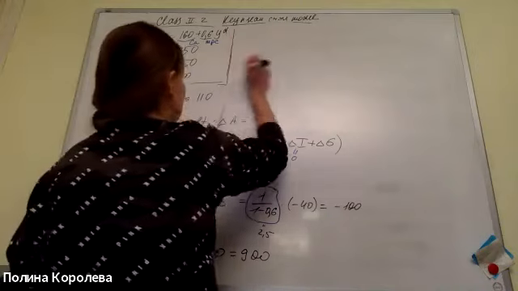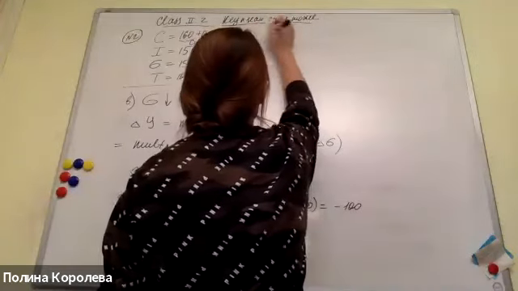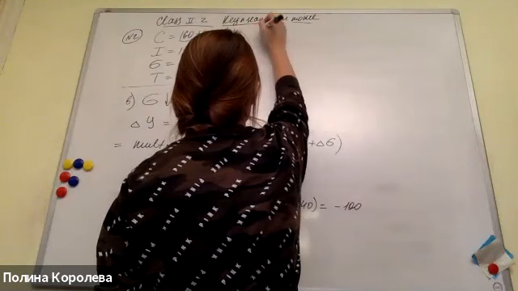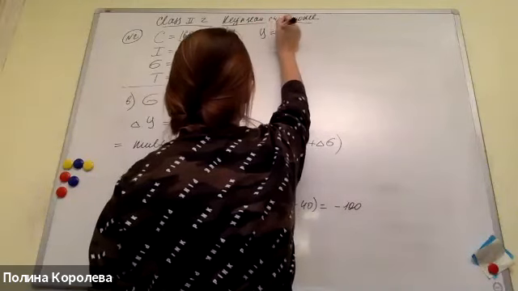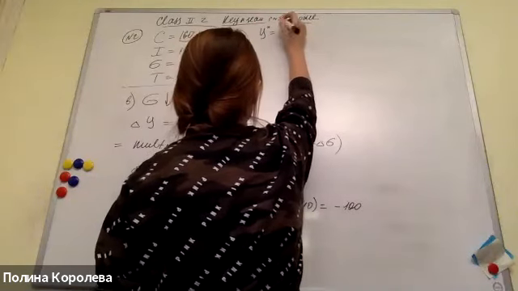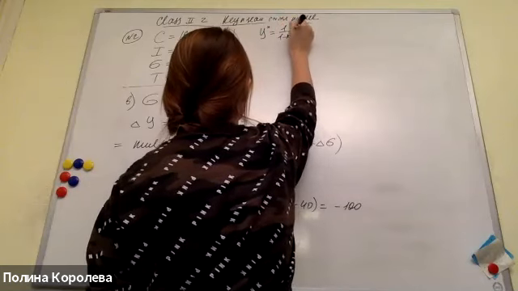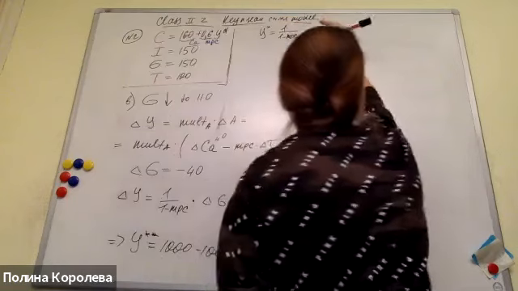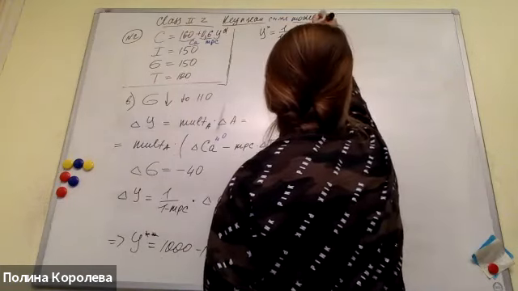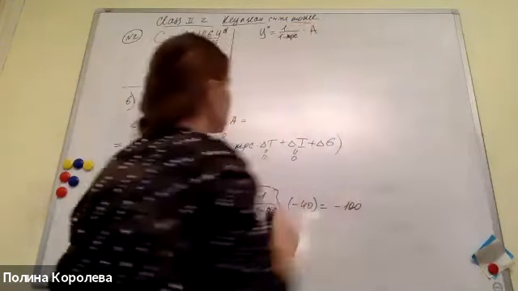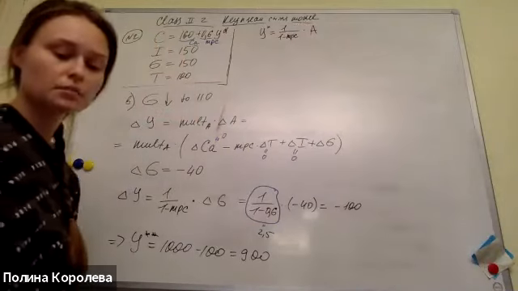So, what we have one more time: equilibrium GDP equal to 1 over 1 minus marginal propensity to consume. This is the autonomous spendings multiplier multiplied by all these autonomous spendings. So what that means?